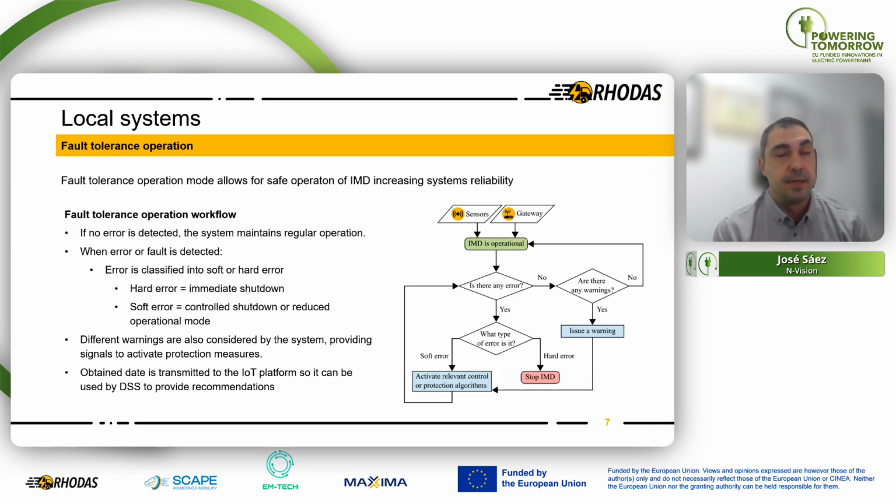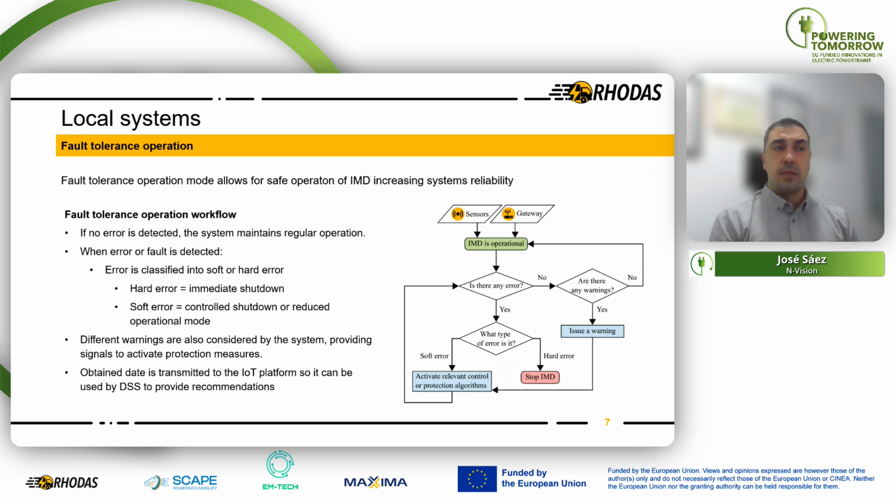Besides these sensors and the direct detection, it's also worth mentioning that on the microcontroller in the power converter, a fault tolerance operation mode has been implemented in order to ensure the safety and security of the whole system.